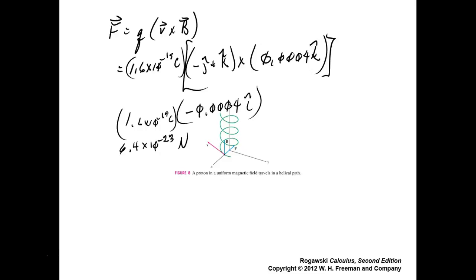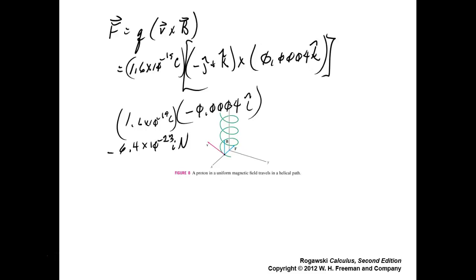The force is, oops, I left off my unit, I. And I left off my sign too, which is exactly what we're seeing here. The force is in the negative x direction. And it's an incredibly small force.